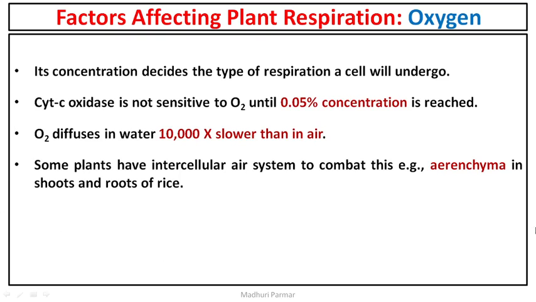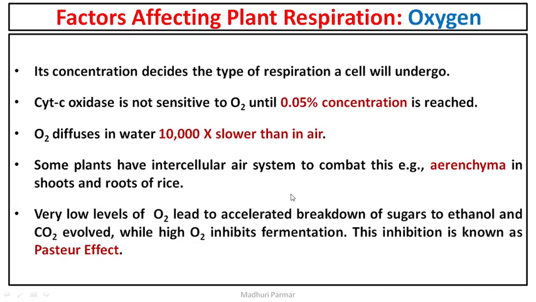This type of parenchyma is present in hydrophytes, which are the plants which live in water, and also in the roots of rice. If you know paddy fields or rice fields, they are normally flooded with water. So how do the roots respire, or get enough oxygen? They have parenchyma where they store oxygen or air.